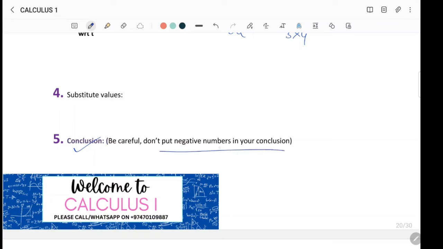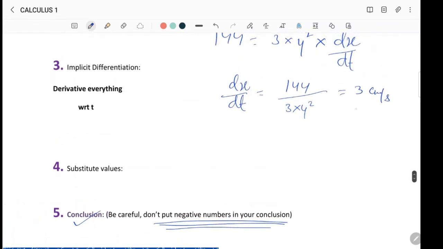Don't put negative numbers in your conclusion. Suppose if it is negative, then also we should not write dx over dt is minus 3 centimeter per second as the final answer in the conclusion. If it is negative, then dx over dt will be negative, but in the conclusion we have to write according to negative and positive.